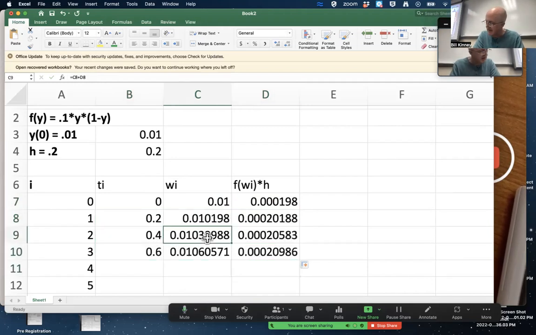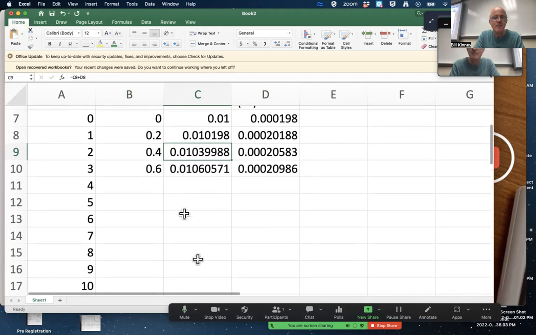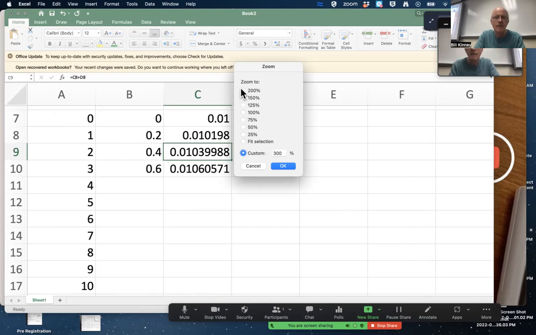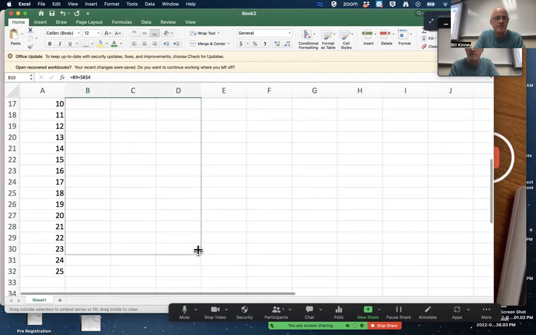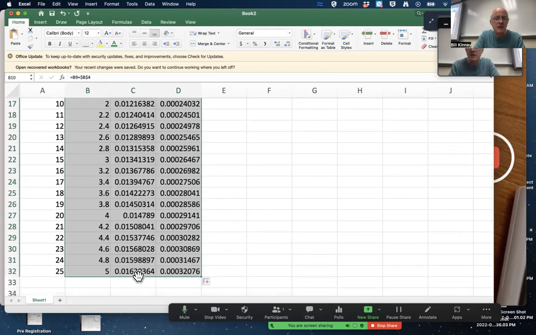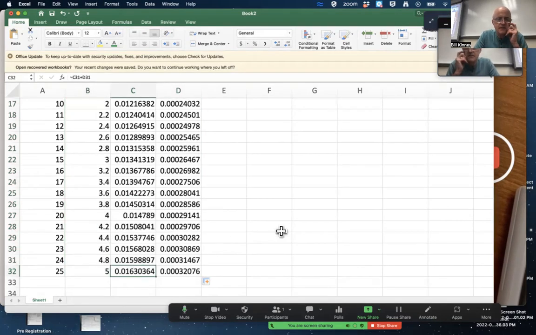Does that match what we got by hand? Yes, that does. So according to this model, we're predicting a population of about 16,304 fish 5 years from now.